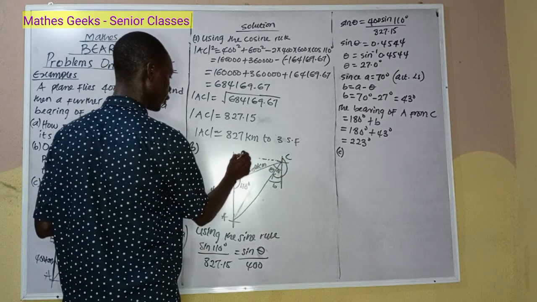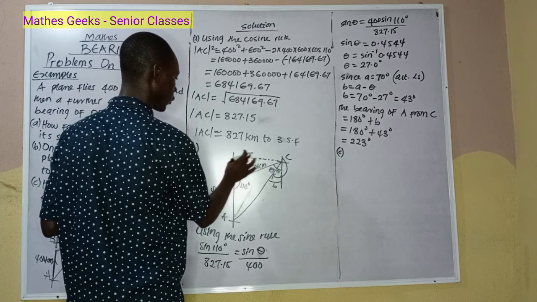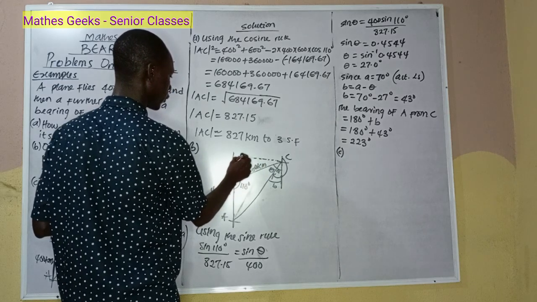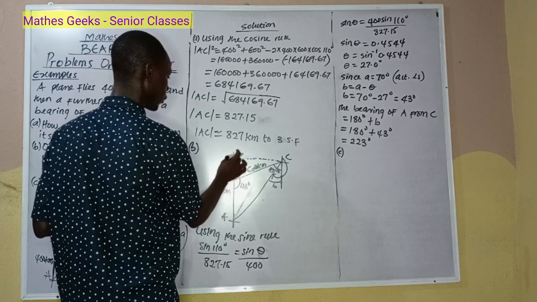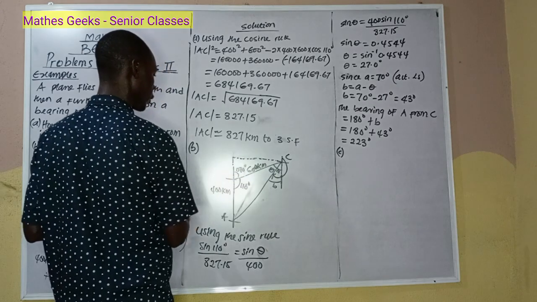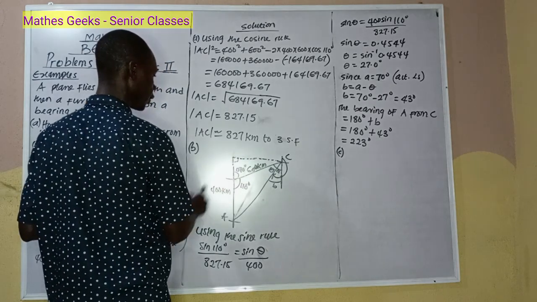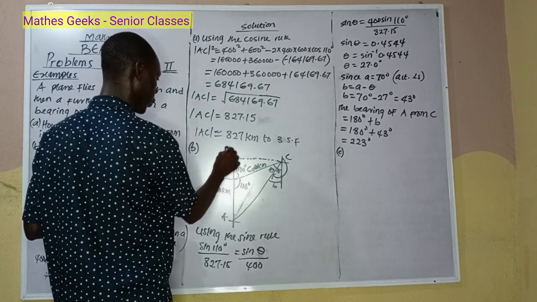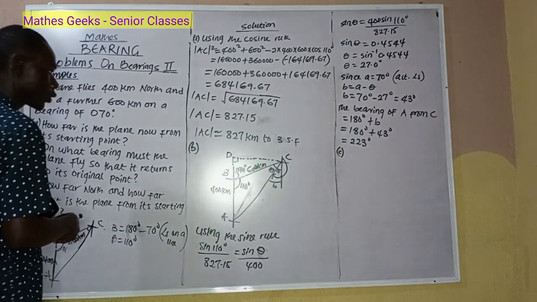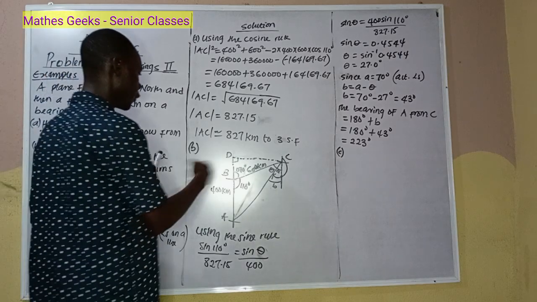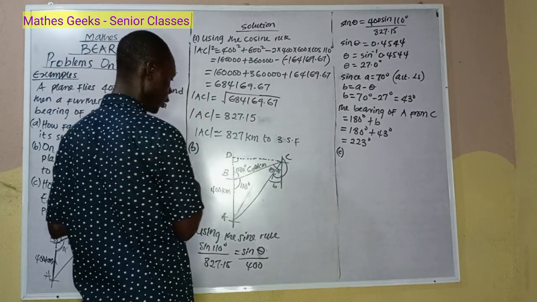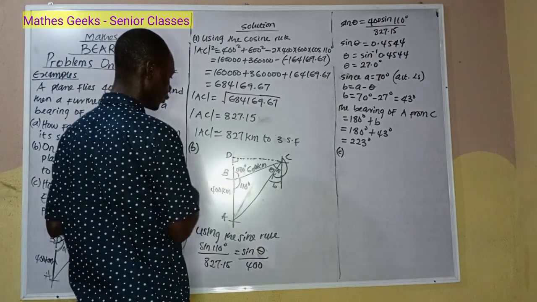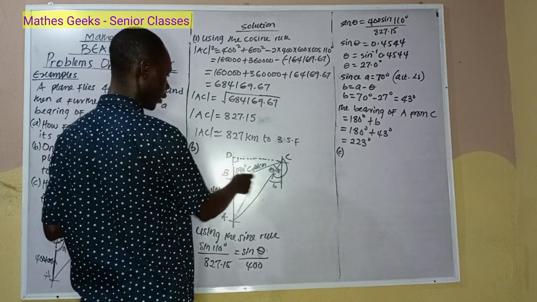This gives us 90 degrees. Let's call this B and here D. For how far north, we are going for BD, and this is our angle. So this is adjacent and this is hypotenuse.